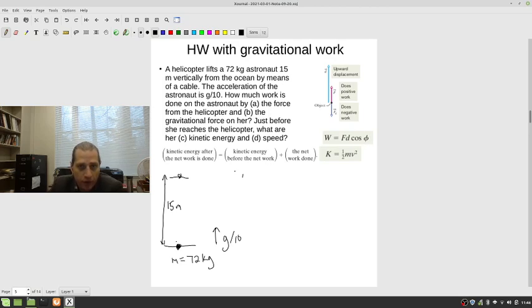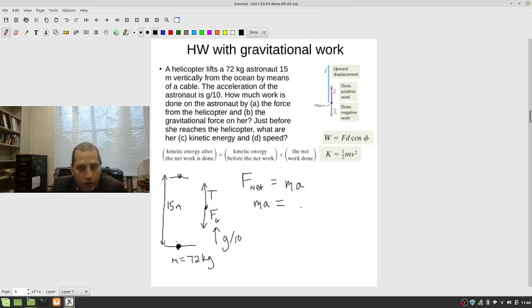But if we have F net equals m times a, we can write m times a, so we know her mass, we know her acceleration, which is g over 10, equals what forces are acting on her? Well, there's some tension force pulling up, presumably a little bit bigger than the force of gravity pulling down.